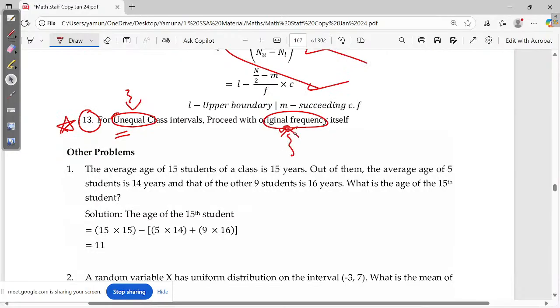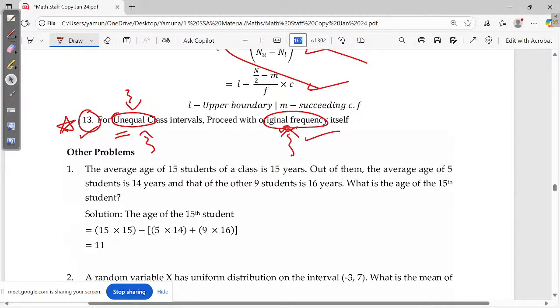You can directly go for original frequency. If it is unequal, the spreading is not even. That's why we have to go for frequency density. But the point here suggests that even with unequal class intervals, we directly proceed with original frequency itself. Then why do we need to use frequency density?